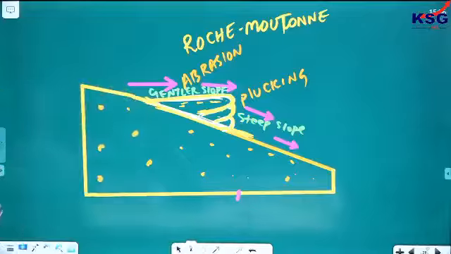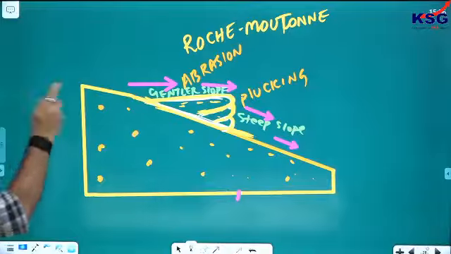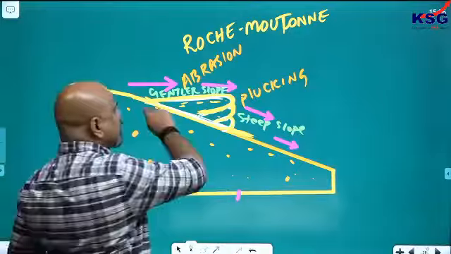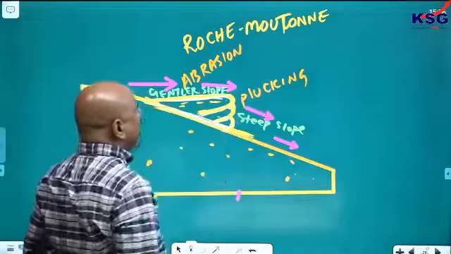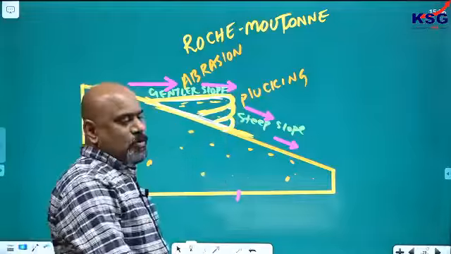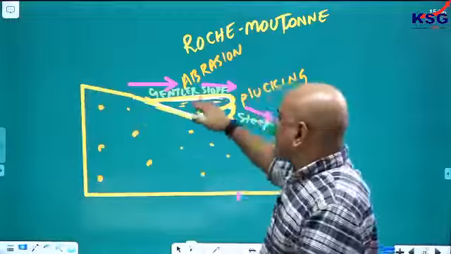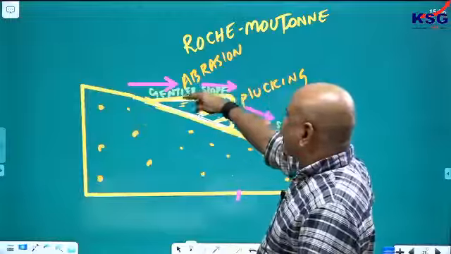At the front side, it is generally associated with dominance of abrasion.